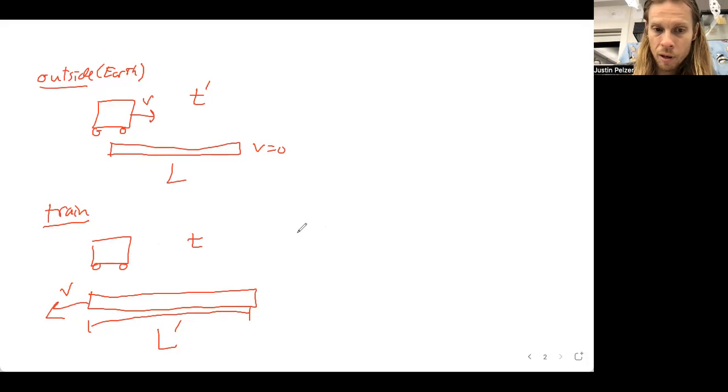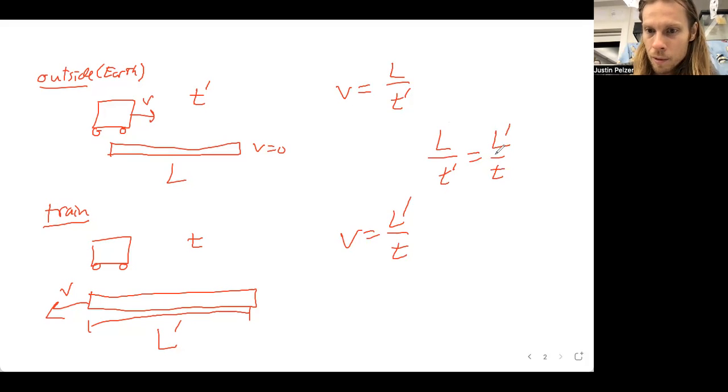So they're both going at the same velocity, which is kind of cool, right? This reference frame shift makes it that these are the same velocity. So what's velocity? Velocity is distance over time, L over t prime. Here velocity is L prime over t, and so those equal each other. And t prime is gamma times t.